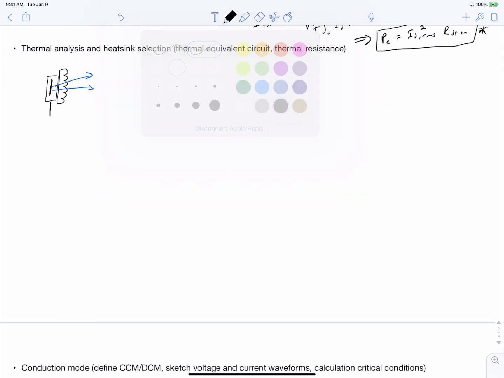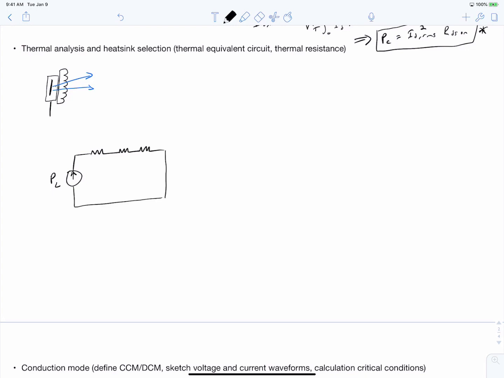To analyze this, we considered a thermal circuit where we had our power losses in our semiconductor modeled as a current source that is fed into thermal resistance elements. And this thermal circuit includes a voltage source, which is actually our ambient temperature.